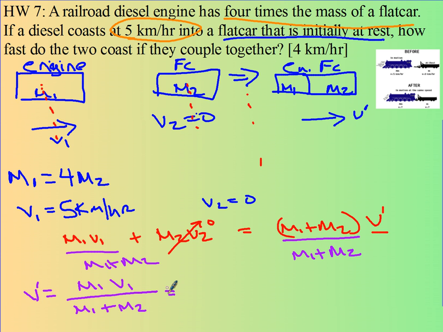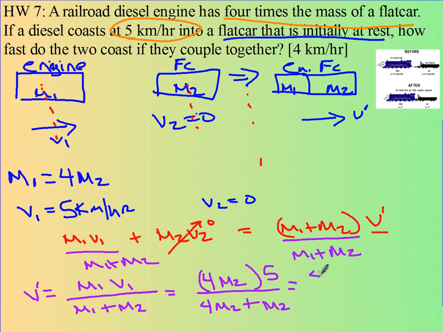So the mass of the engine, that's 4 times m2. I'm going to put that in there. 4m2 times v1. v1 is 5, divided by m1, which is 4m2, plus m2.